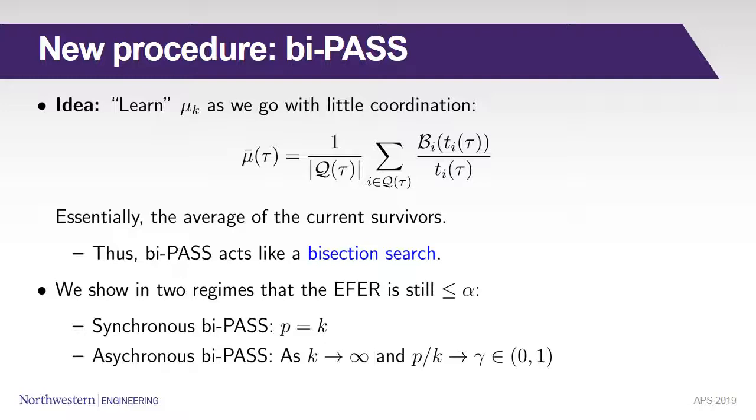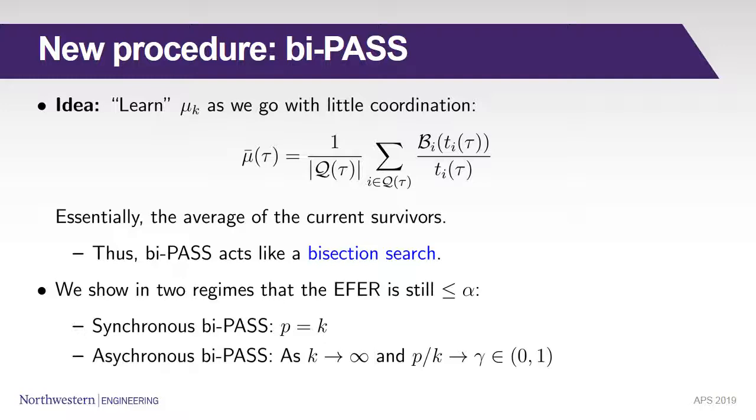Now, does this compromise the expected false elimination rate? We show in two regimes that the expected false elimination rate is still preserved at being less than or equal to alpha. We have a stylized setting, the synchronous setting, where the number of worker processors is equal to the number of systems, and the surviving systems are always in sync. For this, we can get an exact result.